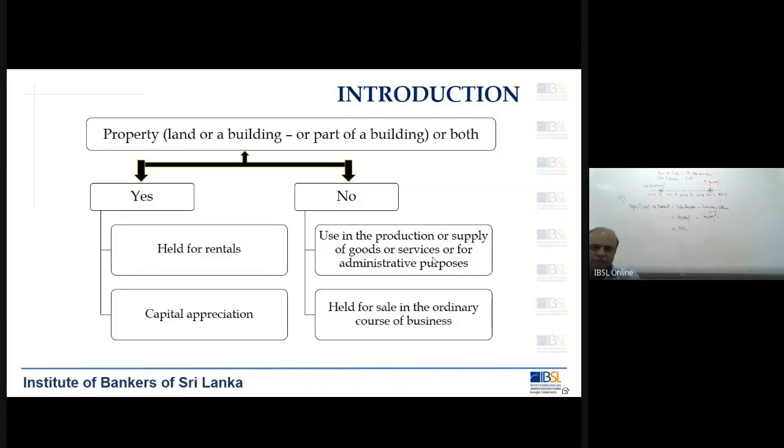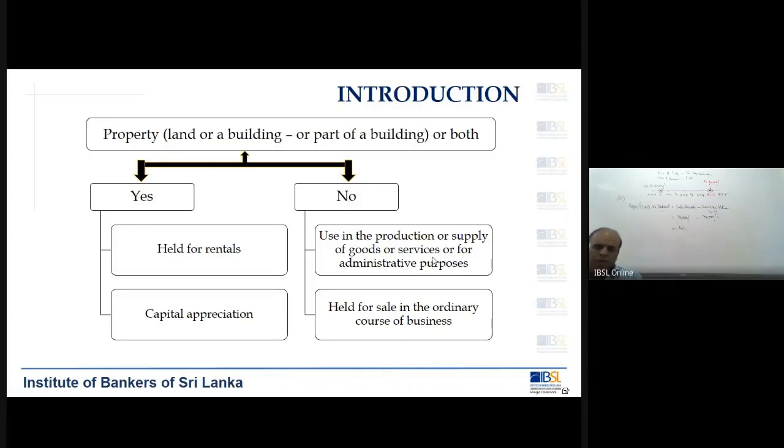Okay, so let's look at the flow chart. The property, that is land or a building, or part of a building, or both. It could be anything. You can consider a plot of land, a building that has been built on land, or it could be both.